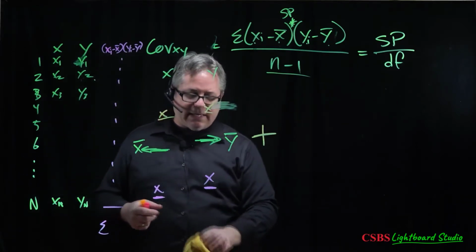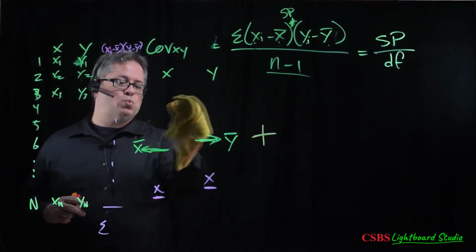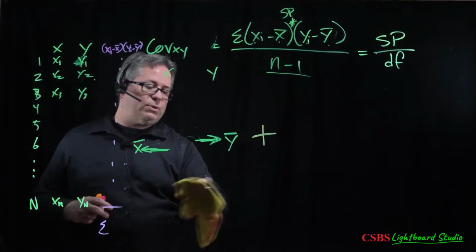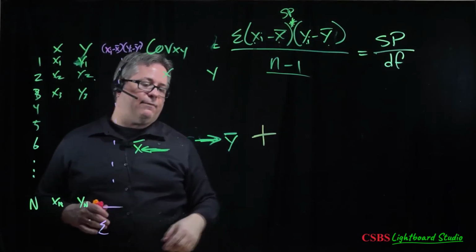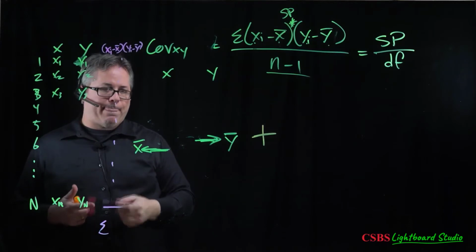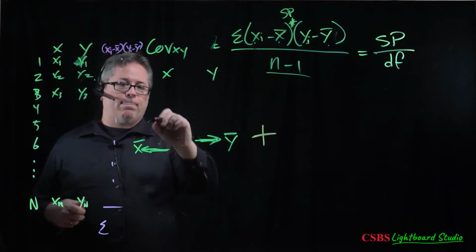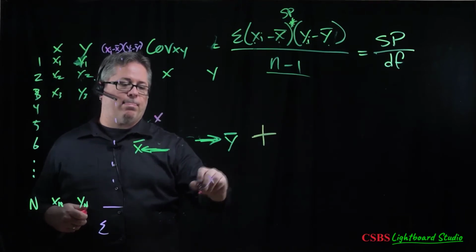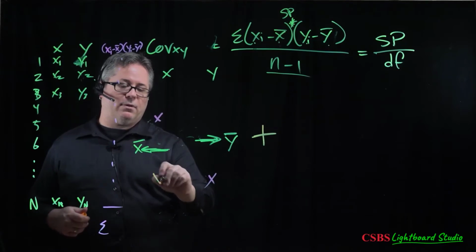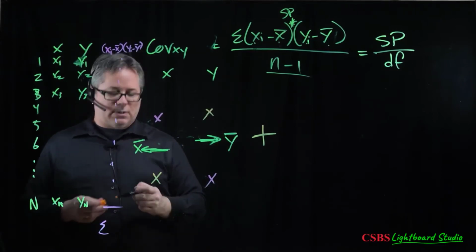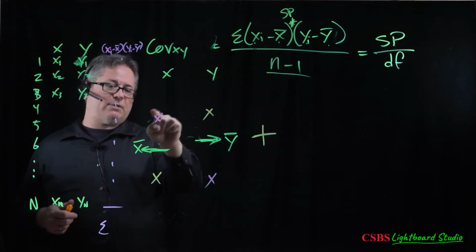When would I get negative contributions? When would a person's sum of product up here, or person's product, be negative? Yep. One's above and the other is below, like that. All right. Here I have x above x mean.